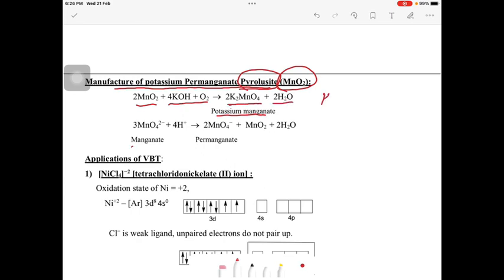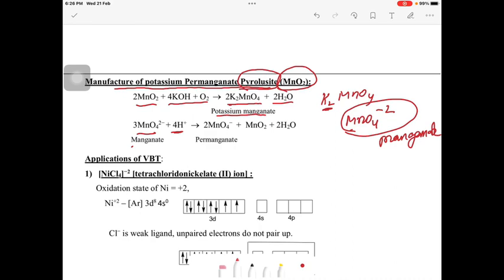In this K2MnO4, remove 2 potassium, then we'll get MnO4 2 minus. MnO4 2 minus is manganate. It undergoes acidification and gives rise to permanganate MnO4 minus, MnO2 and H2O. Difference between manganate and permanganate is the charge. Minus 2 is there, that is manganate. Minus 1 is there, that is permanganate.